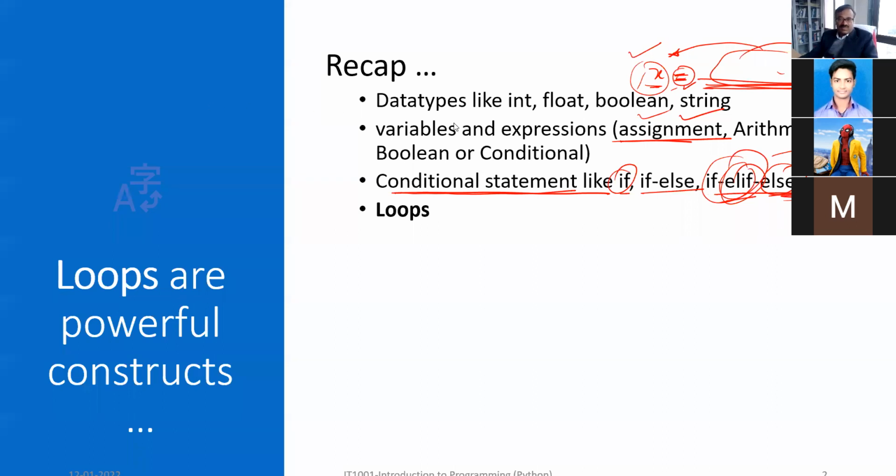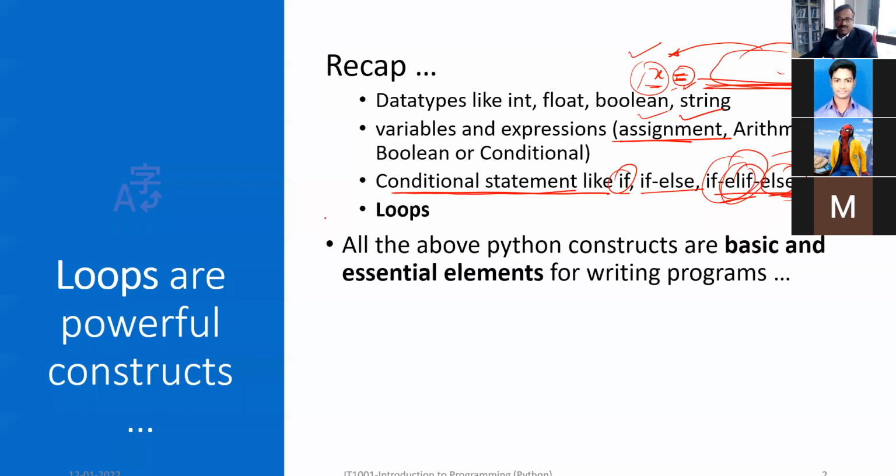So continuing with the recap of what we have seen in this course so far, in the last 4 weeks we have discussed data types, then the important part of variables and expressions, then one kind of control flow statement, which is the conditional statement, if else or if elif, and there can be multiple elif followed by the last else statement.